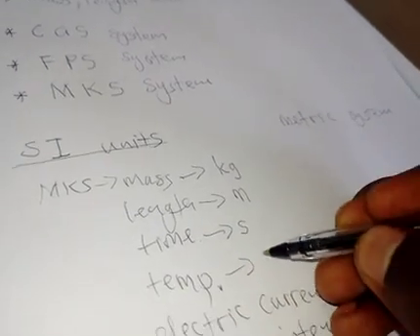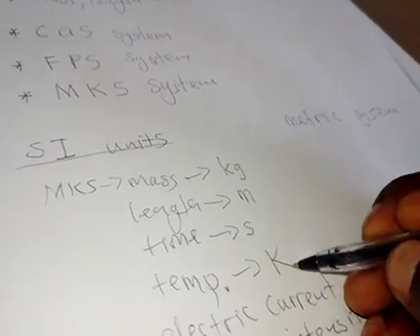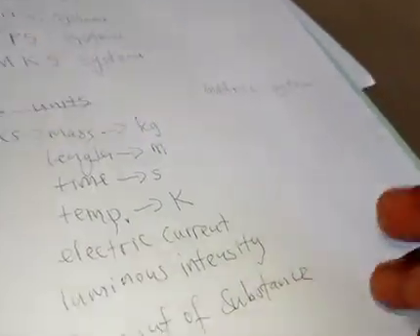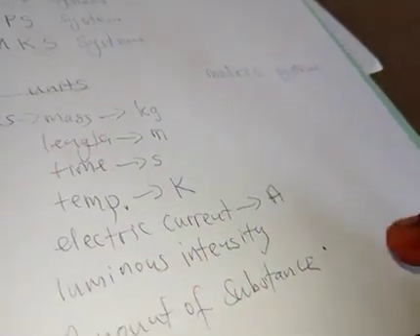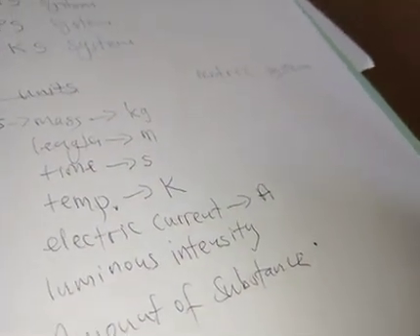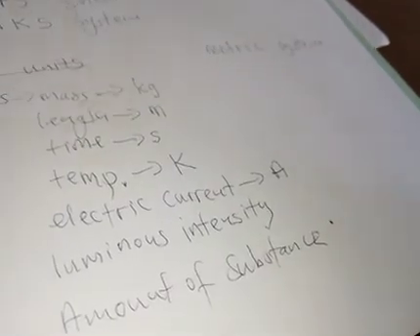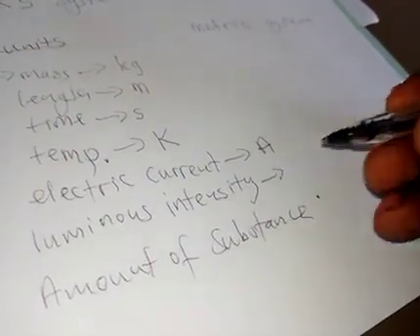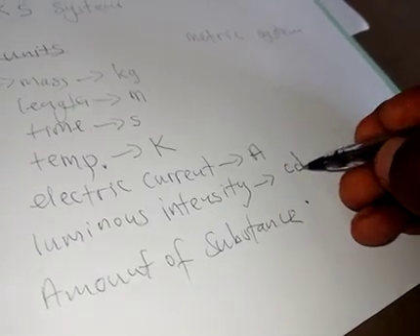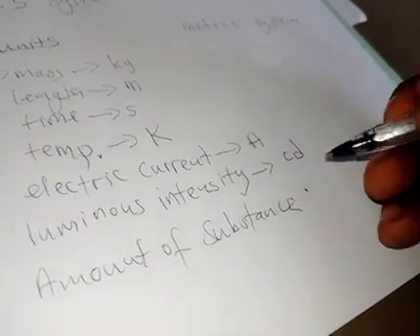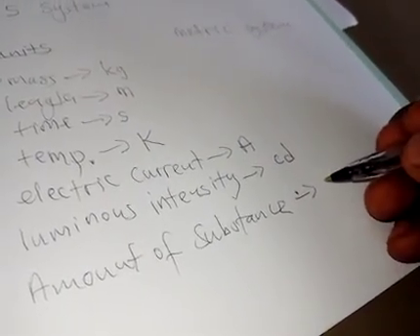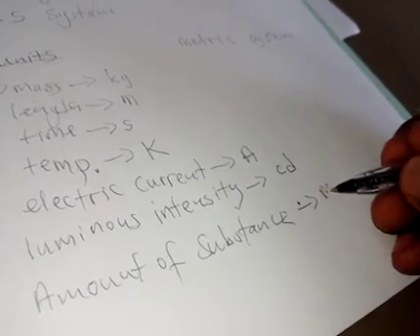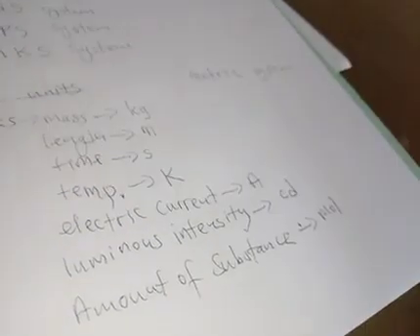Then temperature, it's Kelvin, capital letter K. Electric current, that's amperes, symbol A. Then luminous intensity, we use candela, which is cd. Then amount of substance, this is a mole.